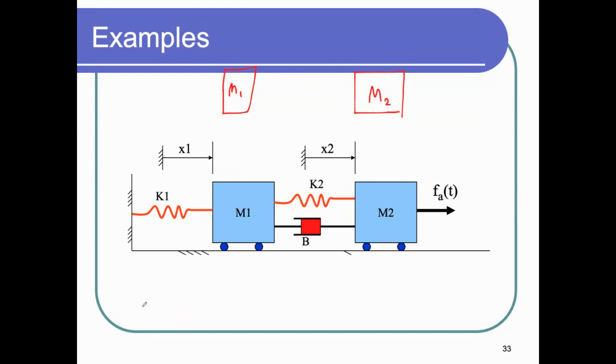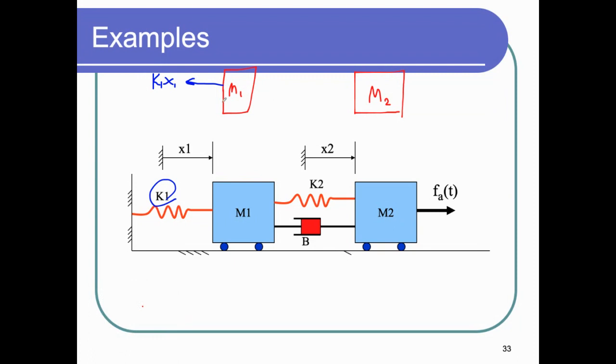So I can plot the forces to the right and the forces to the left. For example, here I have a force due to this spring, so it is K1 x1.